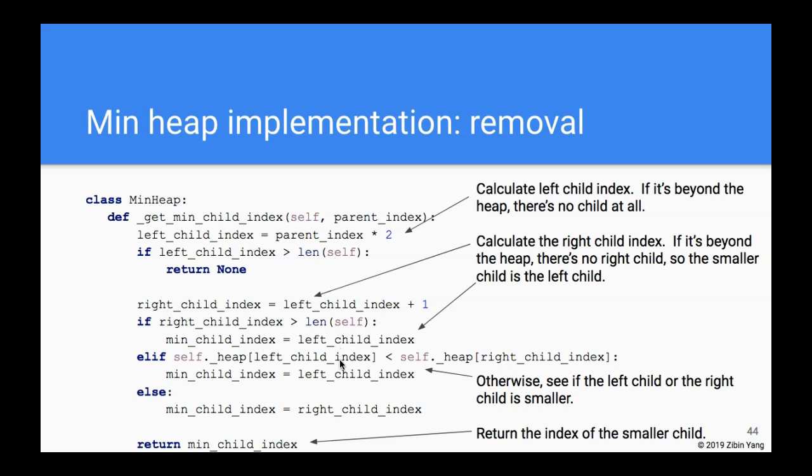Now, if the right child is within bounds, then we compare the left child to the right child. If the left child is the smaller one, then the smaller child is the left child. Otherwise, the smaller child is the right child. And then finally, we simply return the min child index, the index of the smaller child.